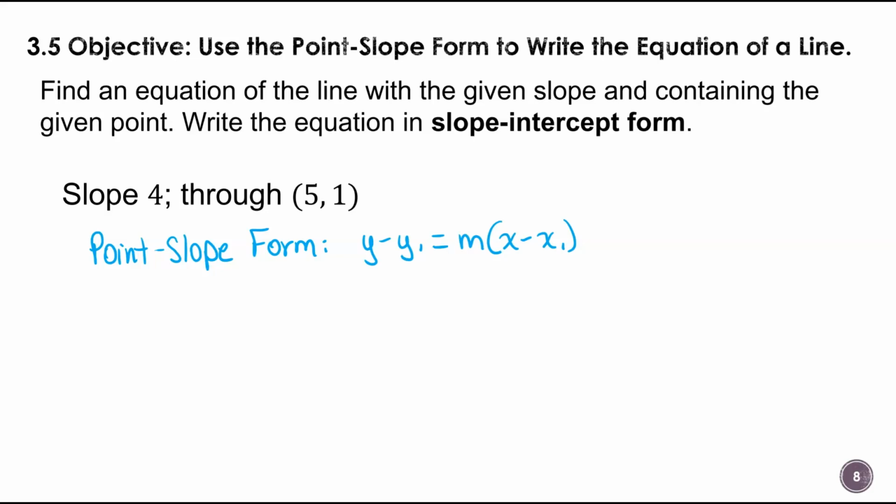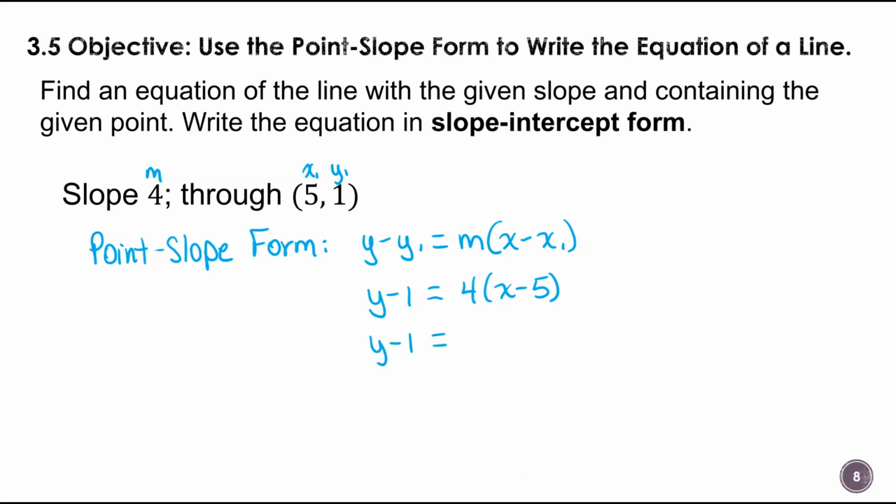Now I'm going to substitute, and this is nice because they're both positive numbers. This is my x sub 1, here's my y sub 1, and this is my slope. So I will have y minus 1 equals 4 times x minus 5. Then I will simplify and write this in slope-intercept form, which means I distribute.